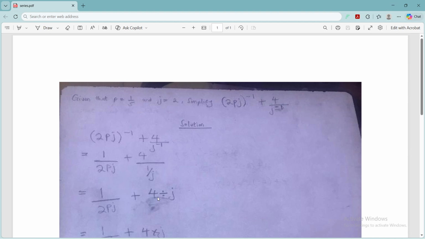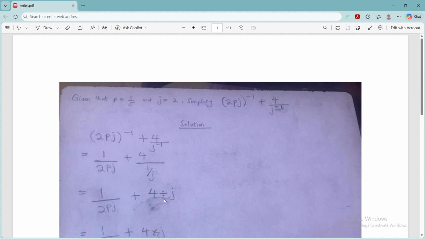Divided by j. So we have 4 divided by 1 here, divided by j. So we have 4 divided by j, right? The division sign here represents multiplication, right?